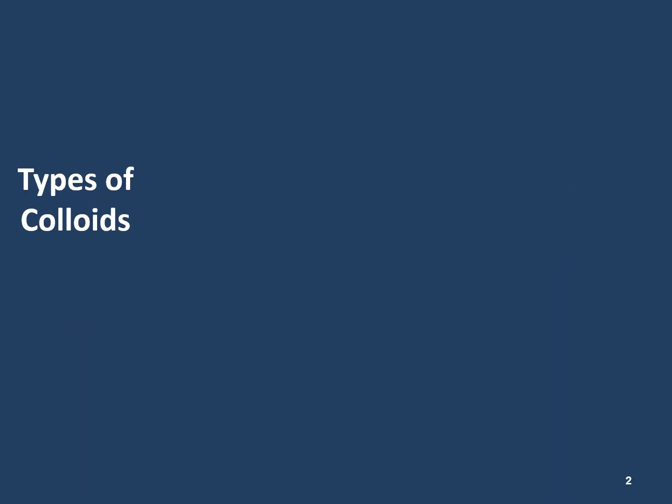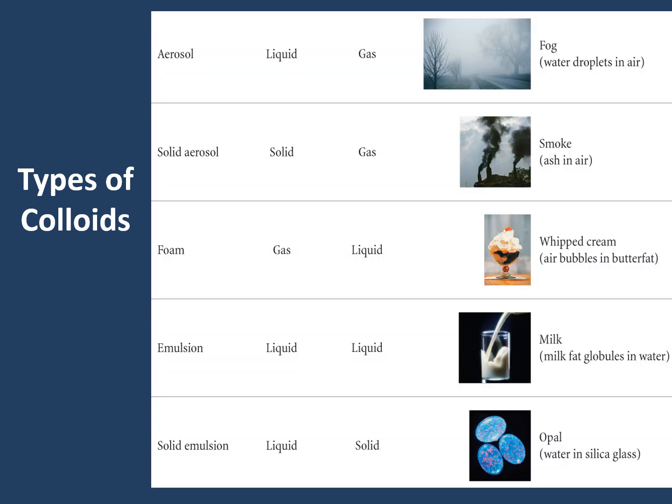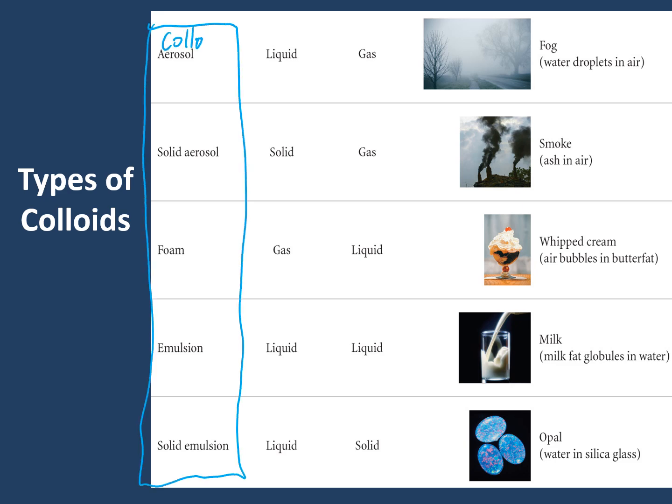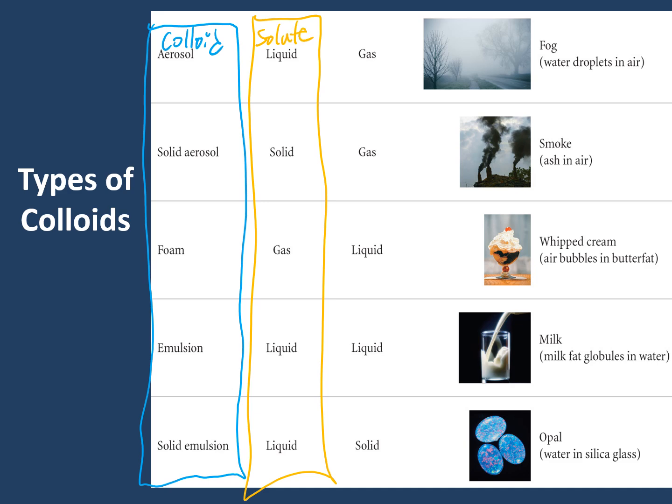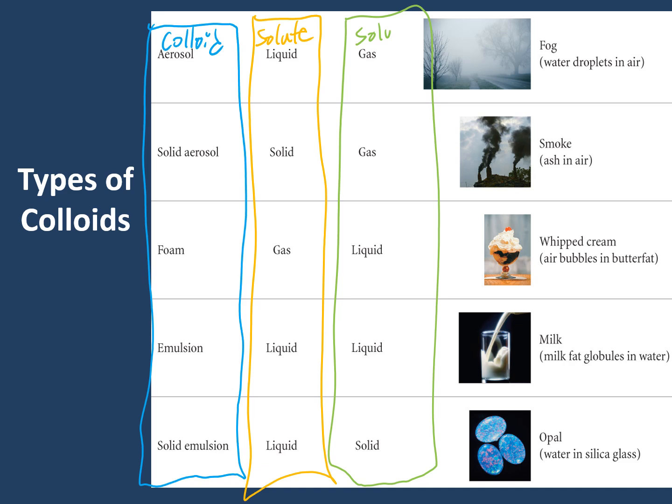So for our last slide of this chapter, we're going to talk about the different types of colloids. This is the name of our type of colloid. This first column is my solute, and this column is my solvent.